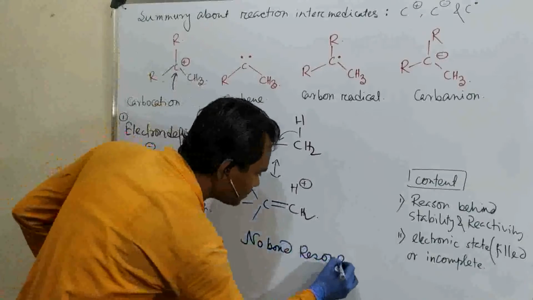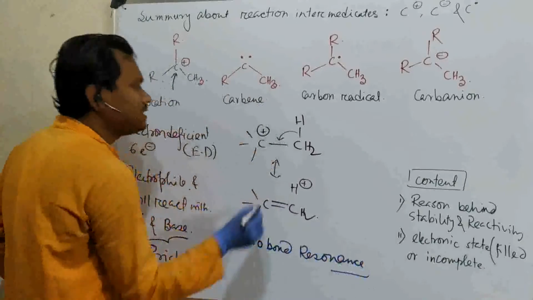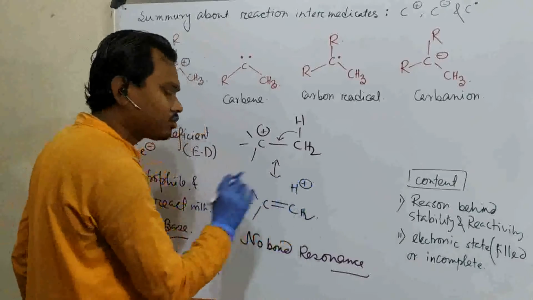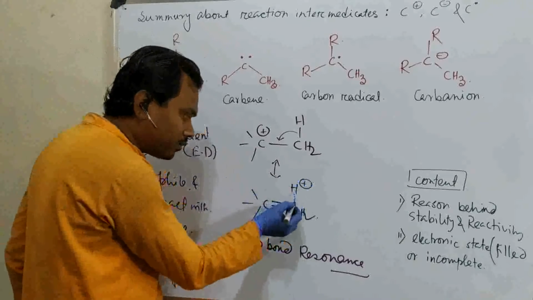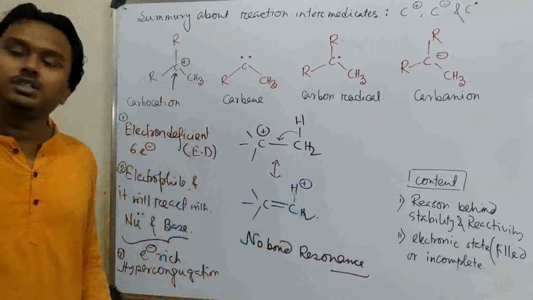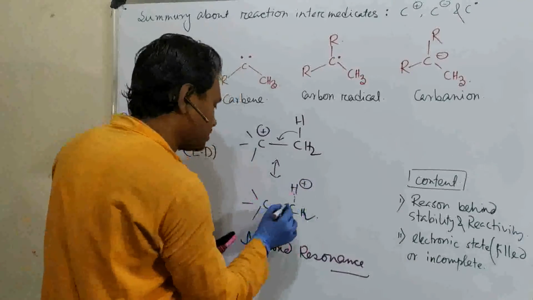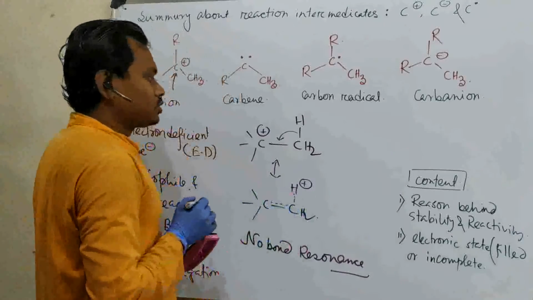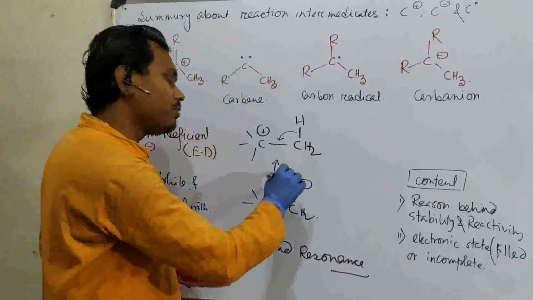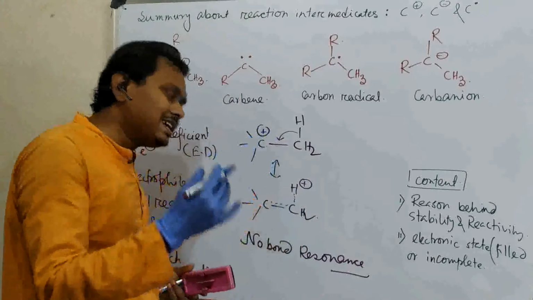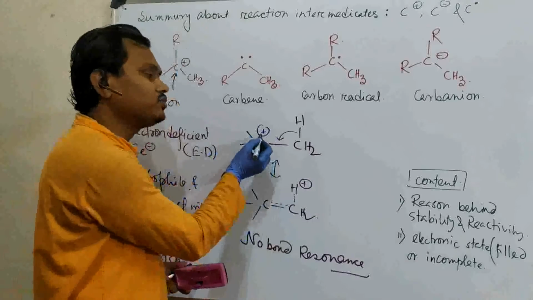Why? Because we are saying that this hydrogen is free right now as a proton. No, it has a weak bond with this carbon. So it is logically more accurate to represent the situation in this way. So as the number of hyperconjugation modes increases, the extent of delocalization of this positive charge will enhance.